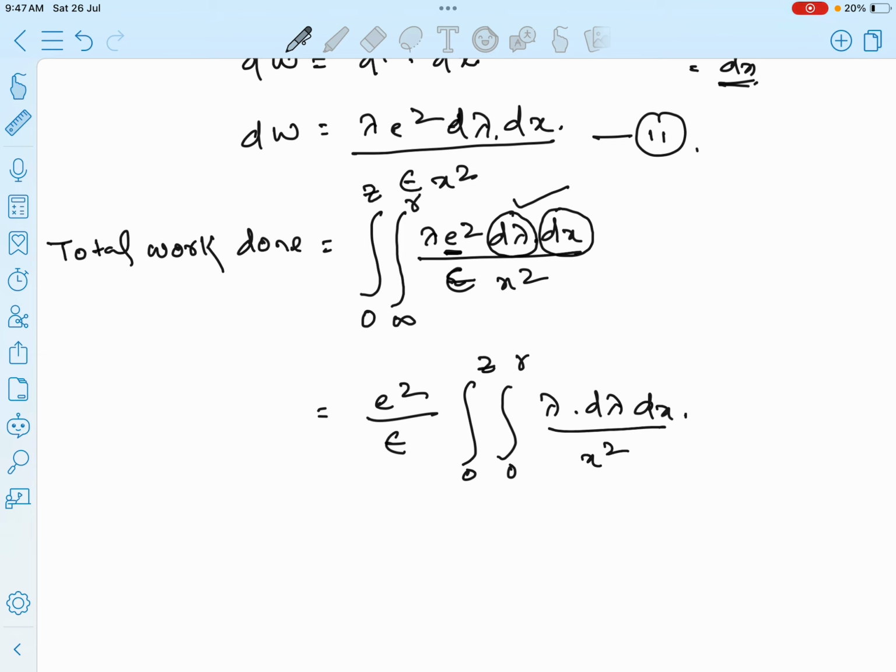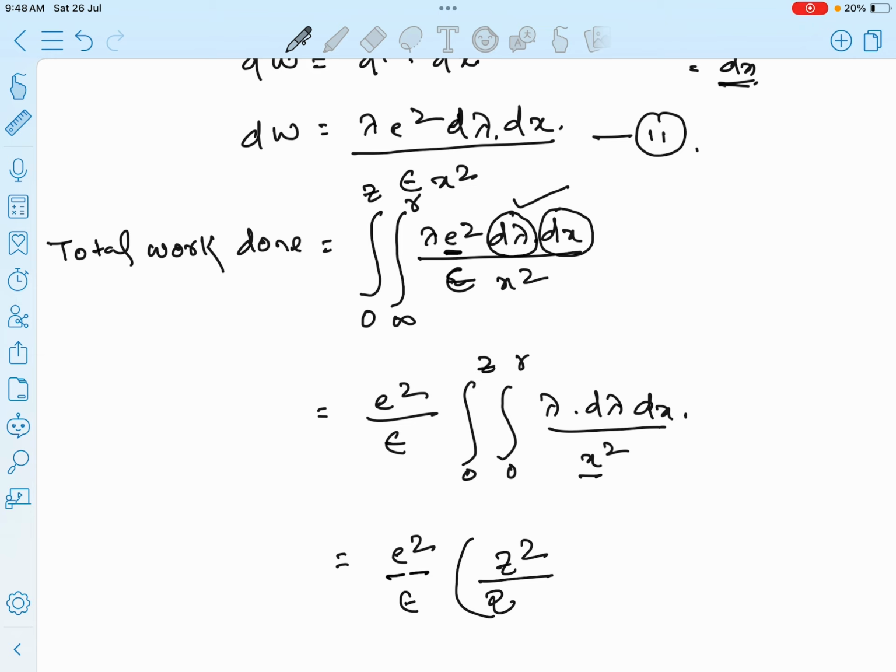So here instead of x it is lambda, and we will use the upper limit minus lower limit, and we will again get back the expression e square by epsilon, and here z square minus 0, that is z square, divided by 2.